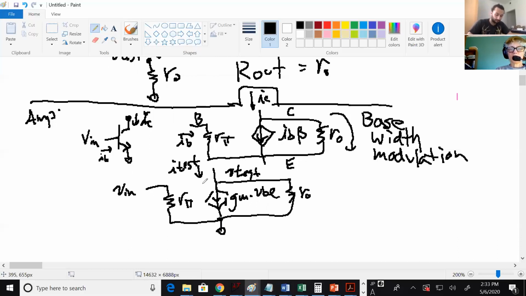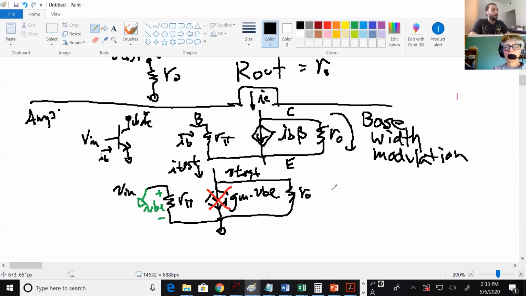And again, since you're trying to find R out, you get to use the 2-port rule. That grounds Vin. If you ground Vin, then what's VBE? Zero. And then you get to get rid of this.